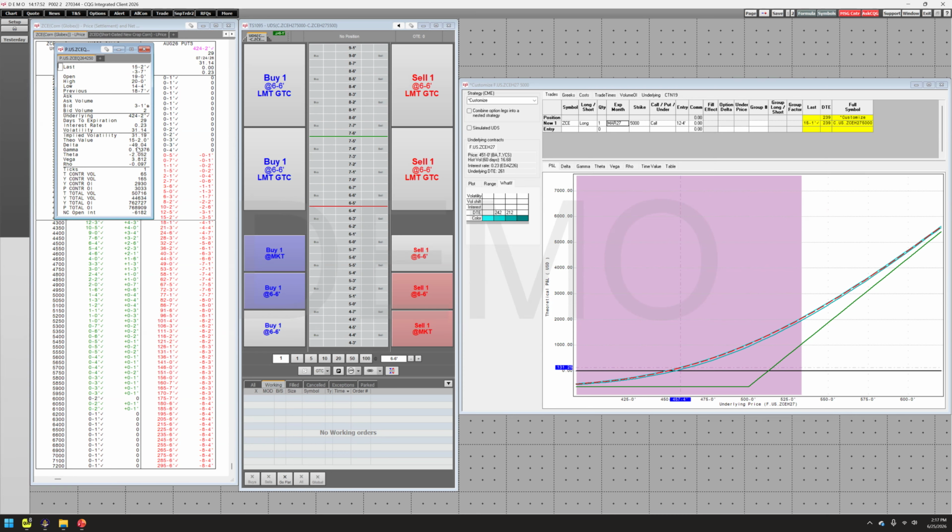It's going to be whatever that delta is. It's going to increase deltas as it becomes more in the money until it becomes deep in the money and that delta goes almost to 100. But it's not going to be 100 until it goes to expiration.